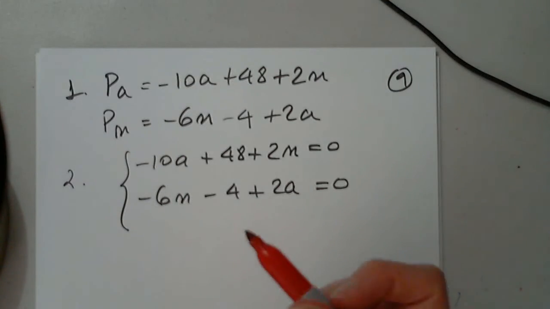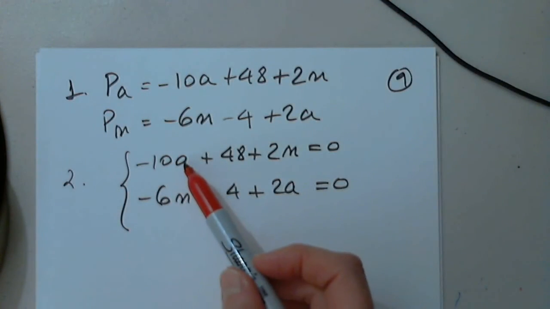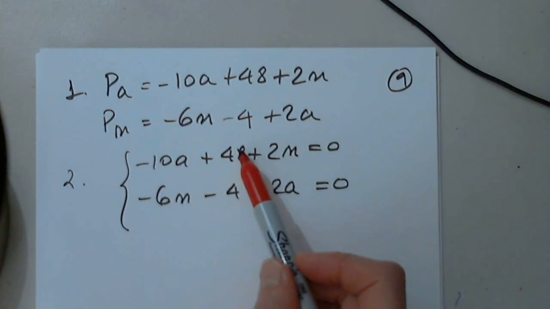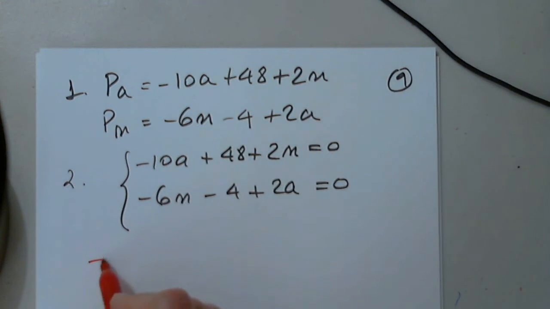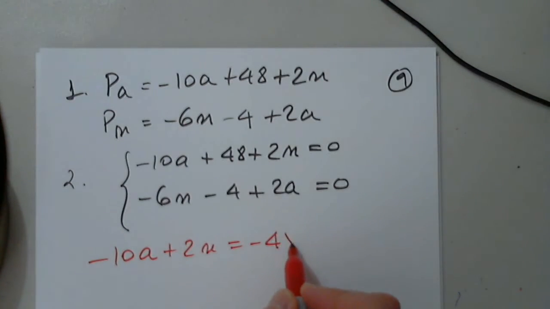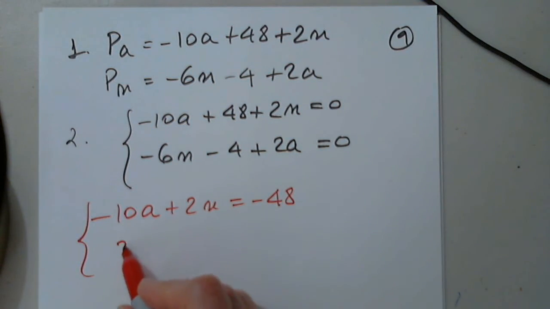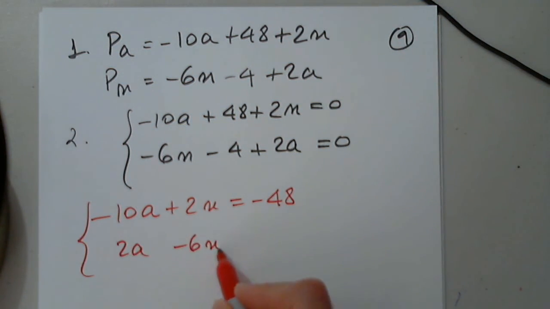Okay. I have to make sense of all this. I'm going to keep A as first variable, N as the second, and move 48. So negative 10A plus 2N equals negative 48. 2A minus 6N equals 4.